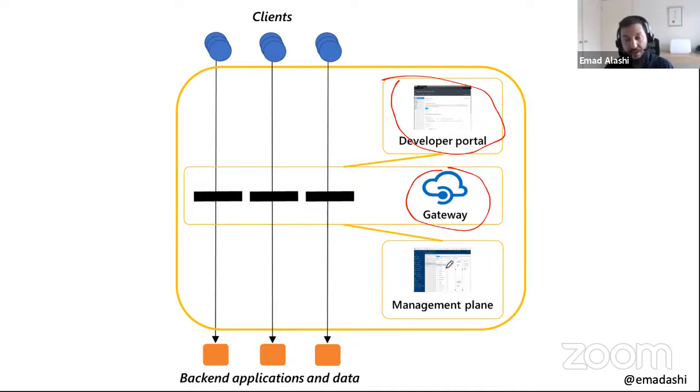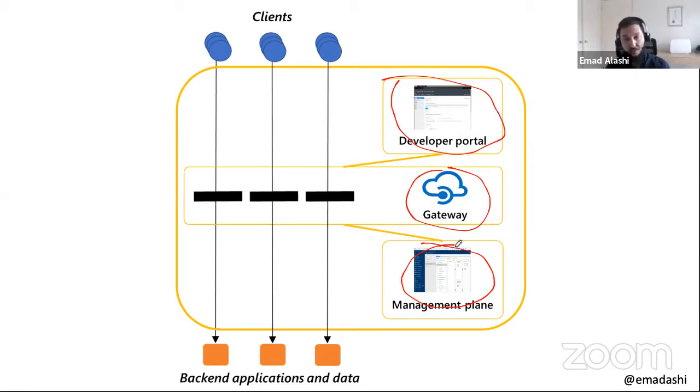The last bit is the management plane. And this word plane is really fancy. It's just a way to express that this is the portal through which you can configure your gateways. You can define your APIs, you can define your policies in that gateway. All of this is done on the management plane.